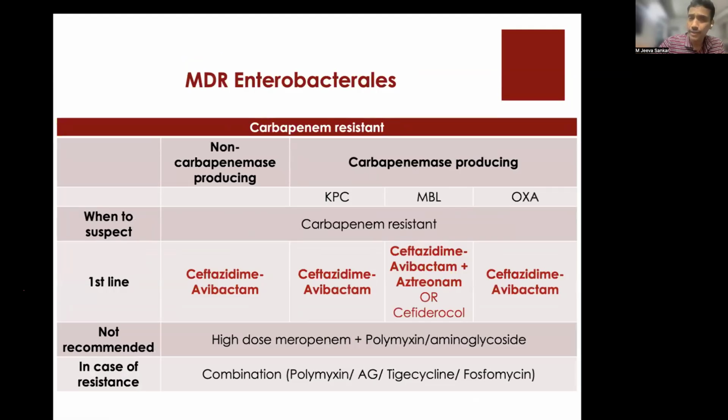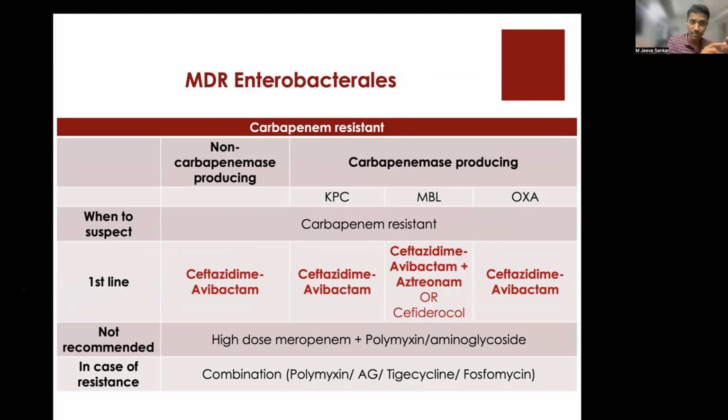And if the Klebsiella or E. coli or Proteus or Enterobacter are resistant to carbapenem, then if you have a panel, molecular testing, which is available, that will give the antimicrobial resistance genes, or there are phenotypic tests to detect the mechanism of resistance.